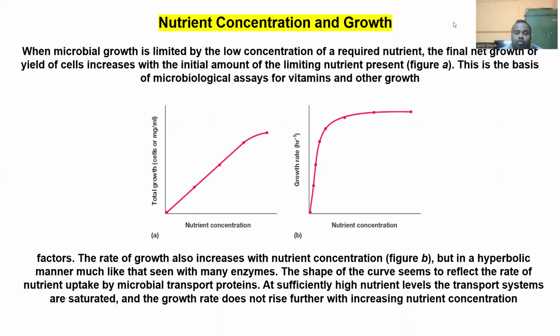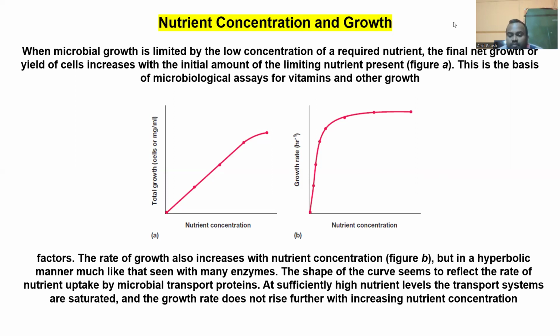The rate of growth also increases with the nutrient concentration, as expressed in panel B. Here you can see that as nutrient concentration increases, the growth rate increases but touches a saturation. So the rate of growth increases with nutrient concentration in a hyperbolic manner, much like that seen with many enzymes.